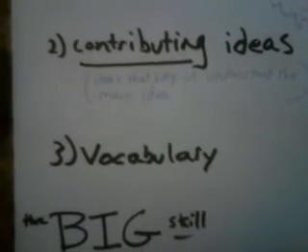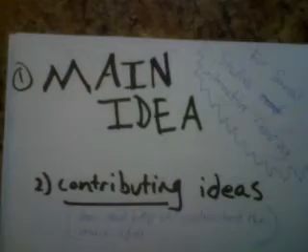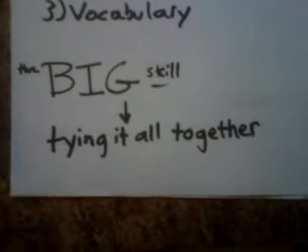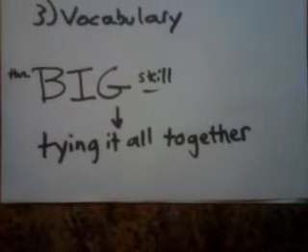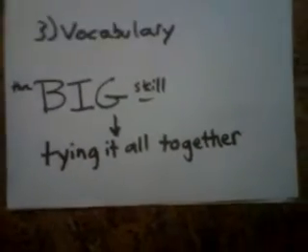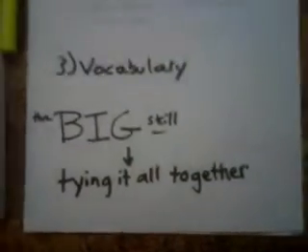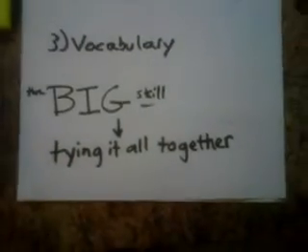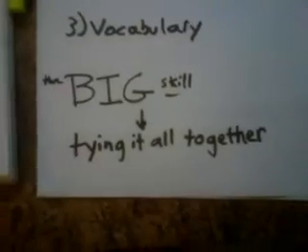Key words that are important to our understanding of this main idea. And finally, the reason we do all of this is for the big skill, tying it all together, so that you can take several pieces of information from text that is related and tie it all together, make it all applicable, make it understandable. Let's look at exactly how to do this.